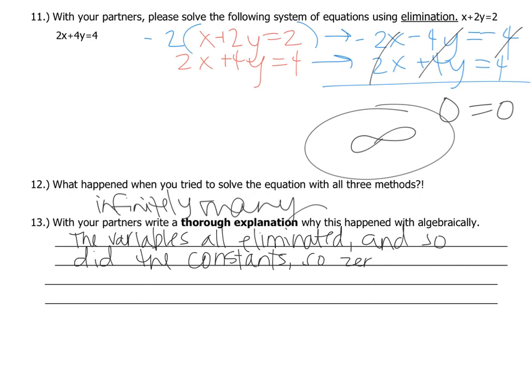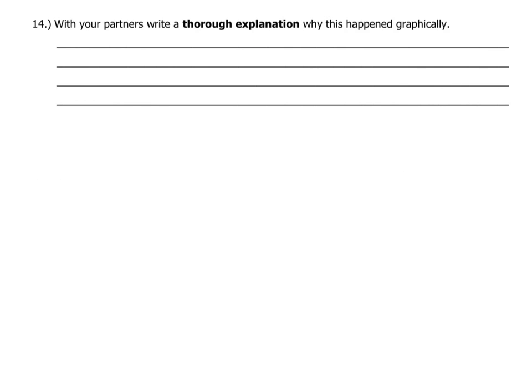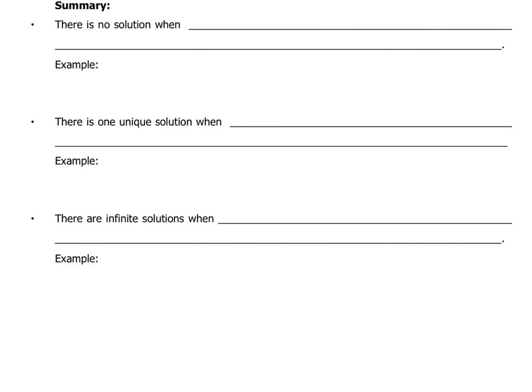So 0 equals 0. Graphically, the reason why this happened is because they were the same line. So every single point was the same on each equation graphically.